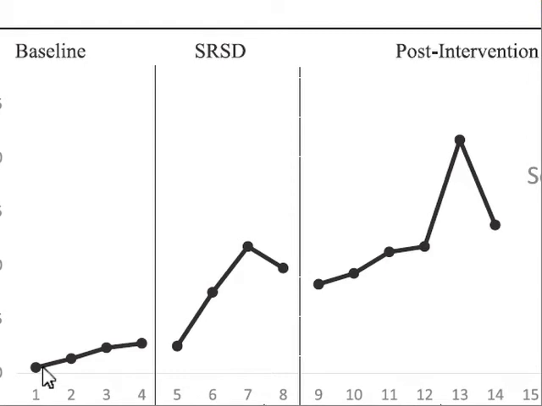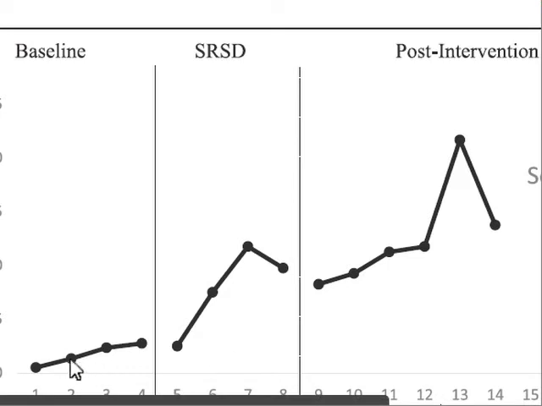We made between 12 and 15 different versions of the test so that they weren't being tested on the same problems each time. And so throughout the course of the intervention, we can notice a differentiation between the level and trend and variability of the data from the baseline phase, which is our control phase, to the intervention phase.